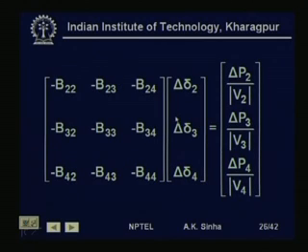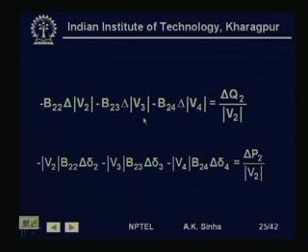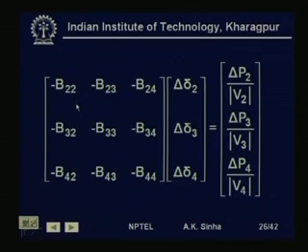So, from here we can now write this expression like this: minus B22 minus B23 minus B24 and so on into delta 2, delta 3, delta 4 is equal to delta P2 by V2, delta P3 by V3, delta P4 by V4 in this way.